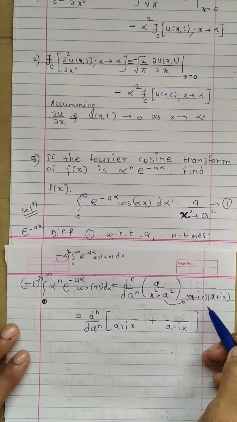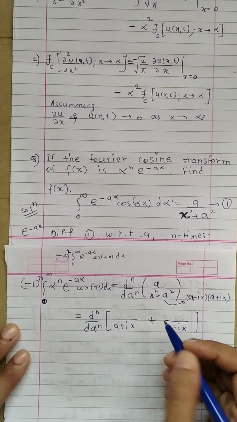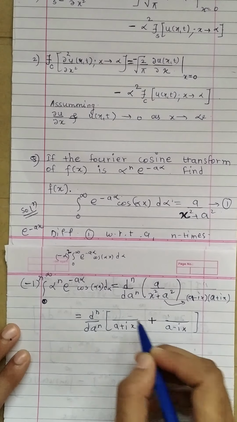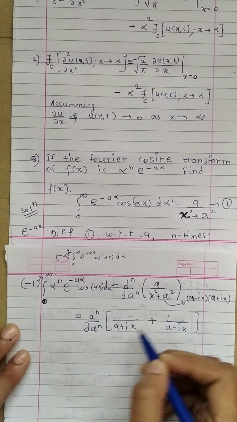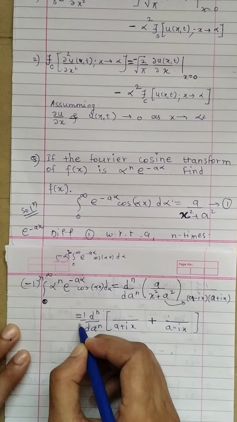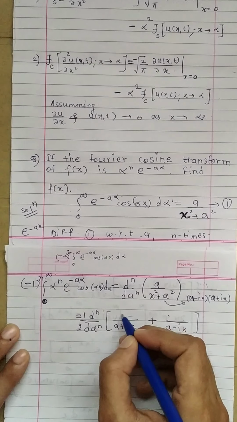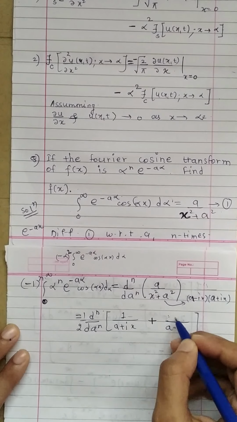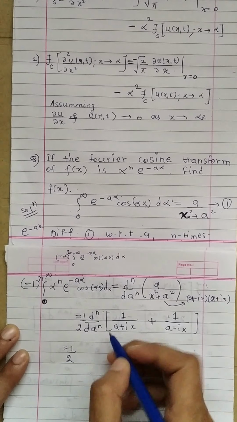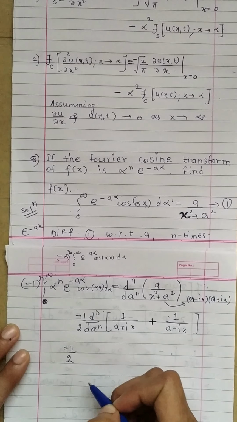If I use the partial fractions, I can split it this way. What should be the coefficients? It will be a minus ix plus a plus ix, this will get cancelled, 2 times a, so 1 by 2, it will be 1 by 2 times this. So it will remain as 1. So this will be 1 upon 2 times differentiating with respect to a n times this quantity.